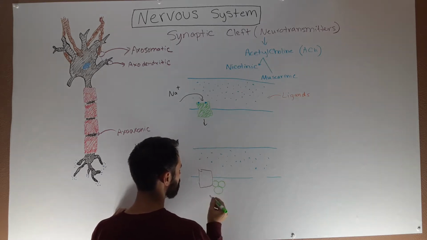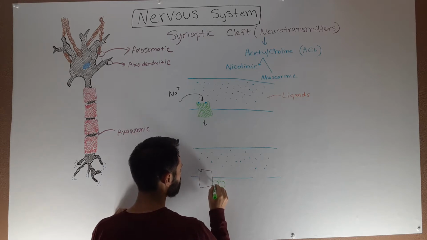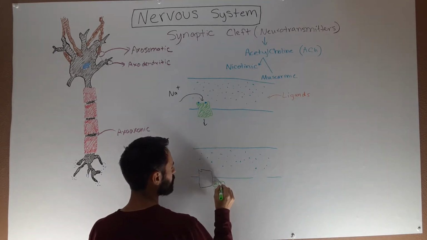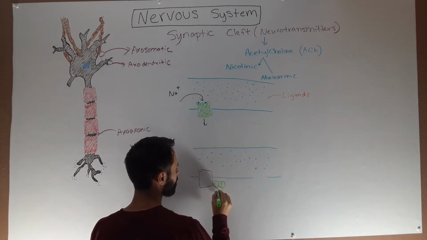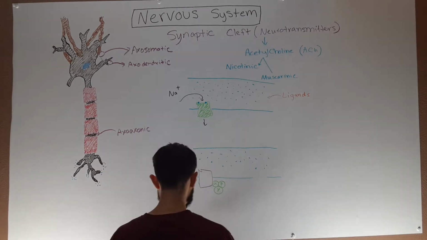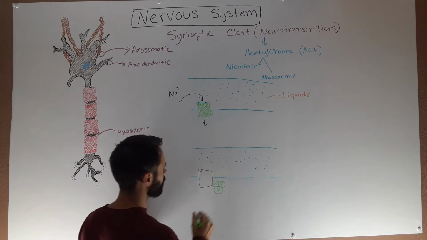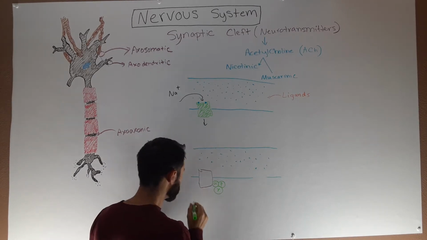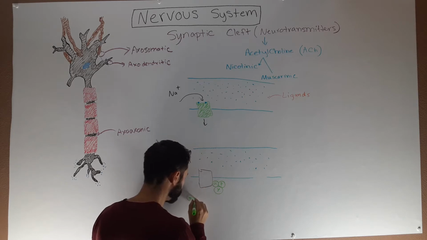I just realized I made Mickey Mouse there. All right, cool. One section is the alpha, one section is the beta, and then the gamma. Get your Greek symbols here. And where G protein comes into play is guanine.